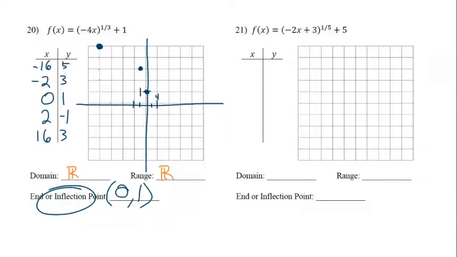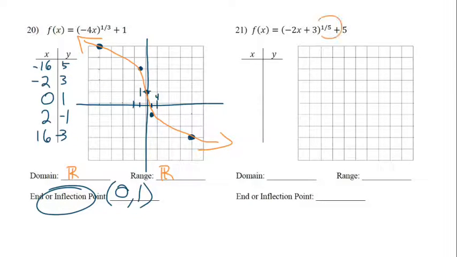Remember, that's 4, so that's positive 2. And then 16, negative 3. Sorry, 4, 8, 12, 16, 1, 2, 3. And there you go. There's your graph.